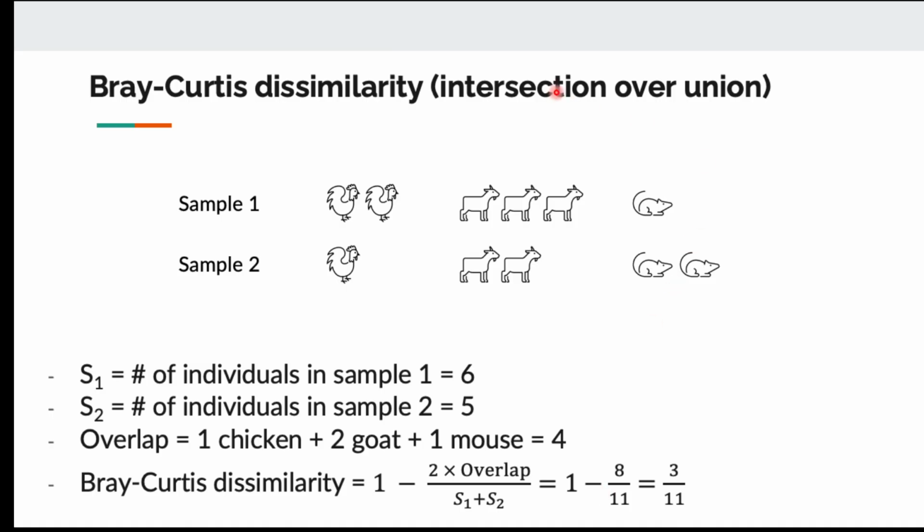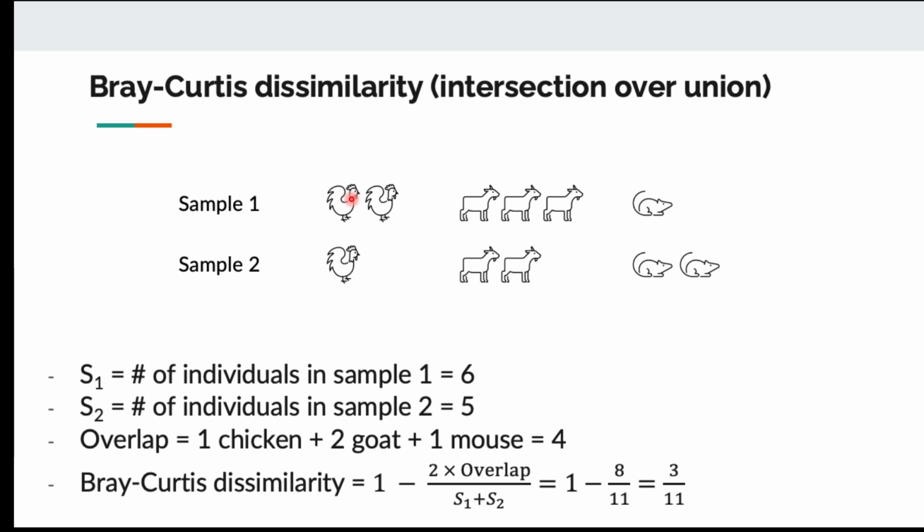Intersection over union. If we have two sets and we want to say whether these two sets are similar or not, if the two sets are similar, they should have a large intersection. So intersection divided by union can tell you whether the two sets are similar. Bray-Curtis utilizes the same idea.